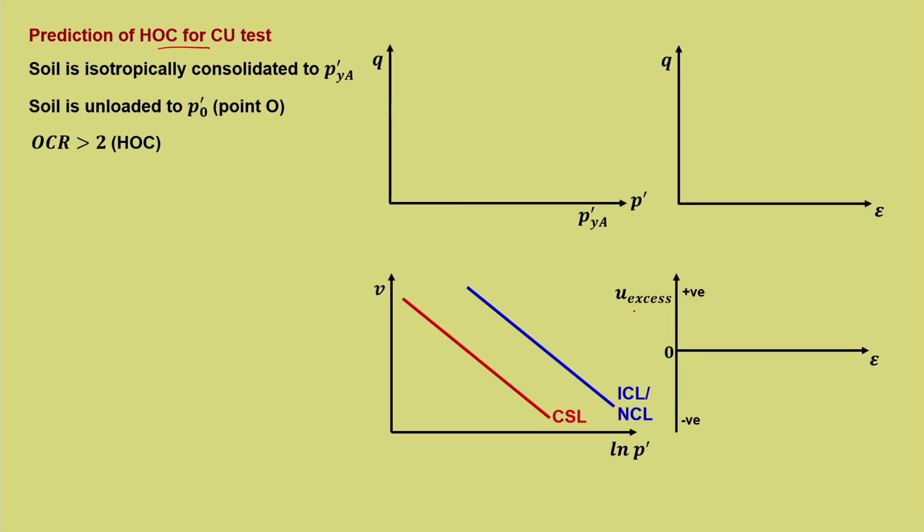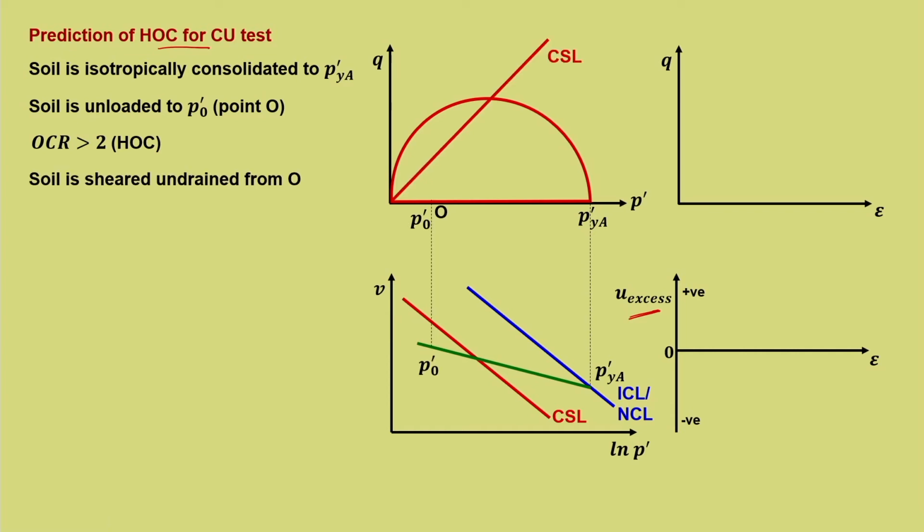So, now instead of cumulative volume change, we have U, the pore water pressure. Same yield curve, everything remains same, loading unloading curve, P naught dash the point O, the initial point, critical state line. Now, it yields at B similar to peak condition.